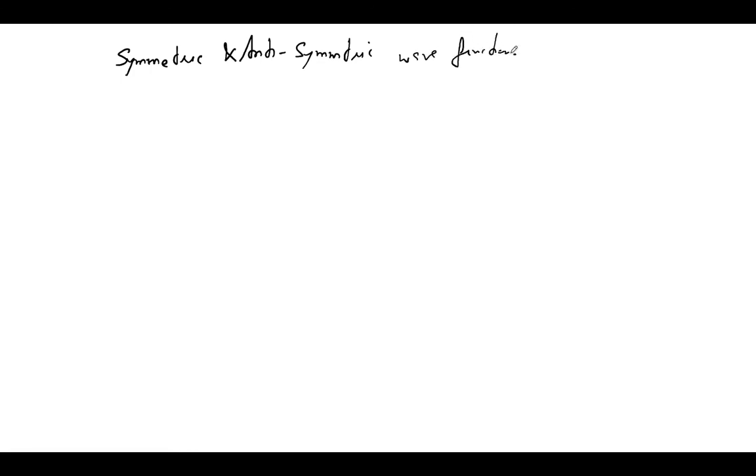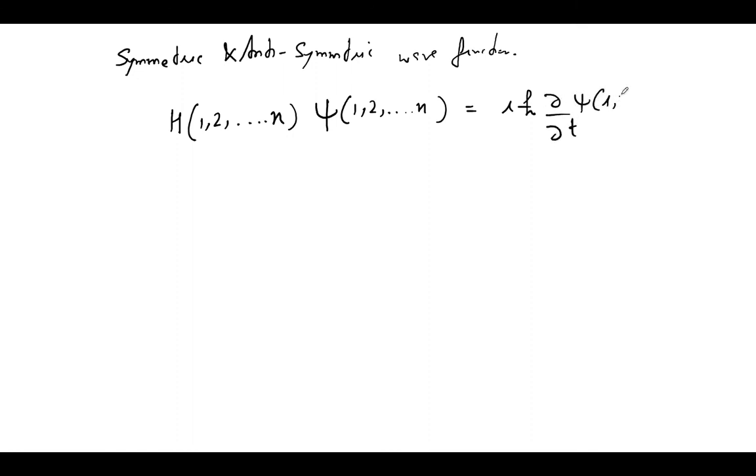So in our yesterday's lecture, we discussed the quantum mechanics of the Schrödinger wave equation. For n identical particles, the Schrödinger wave equation, where H is our Hamiltonian energy function and psi is our wave function, is H psi equal to i h bar partial psi by partial t.